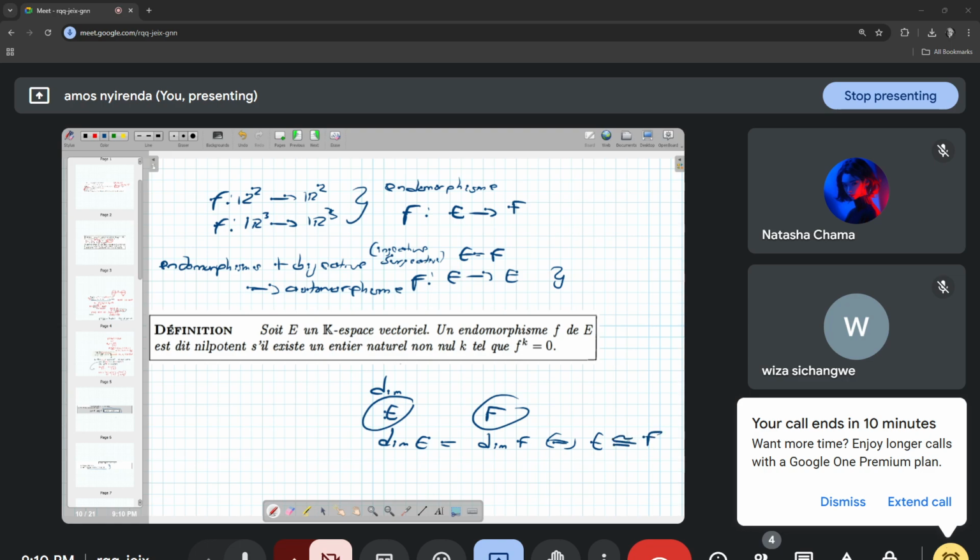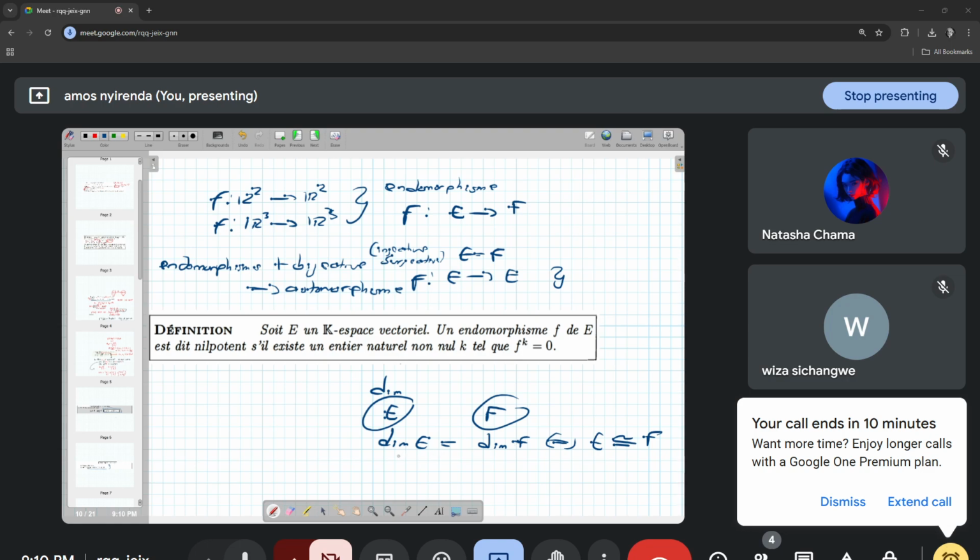So two espaces vectoriels are going to be isomorphic if they have the same dimension.